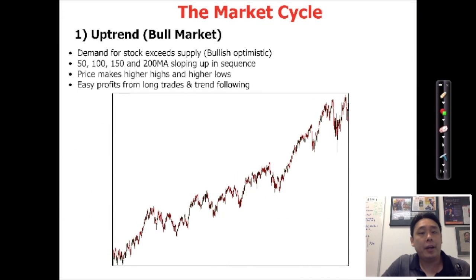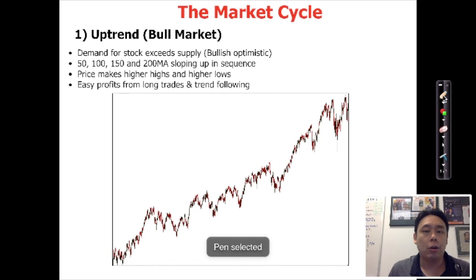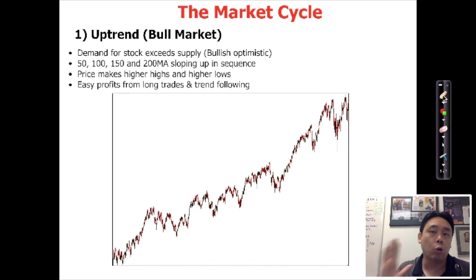Again, the first phase is the uptrend phase, or what we call the bull market. This is very obvious because during this time, demand exceeds supply, and so the market is optimistic, the market is bullish. Whether it's good news or bad news, the market still goes up. Normally during the uptrend phase, you find that the moving averages tend to be sloping up in a particular sequence.